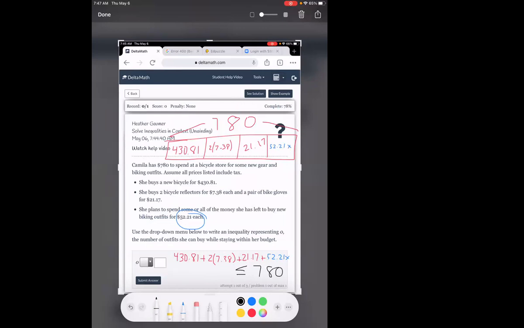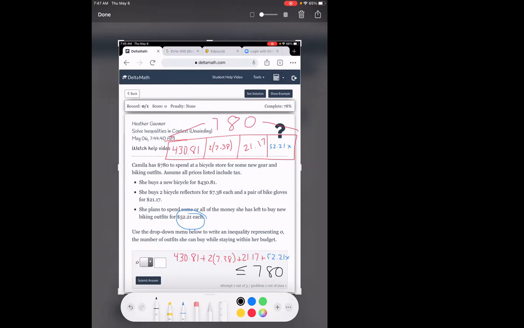So yes, in your calculator, I'm going to do it now for you. You're going to type in 430.81. You're going to add 2 times 7.38. You're going to add 21.17, which is going to give you 466.74.